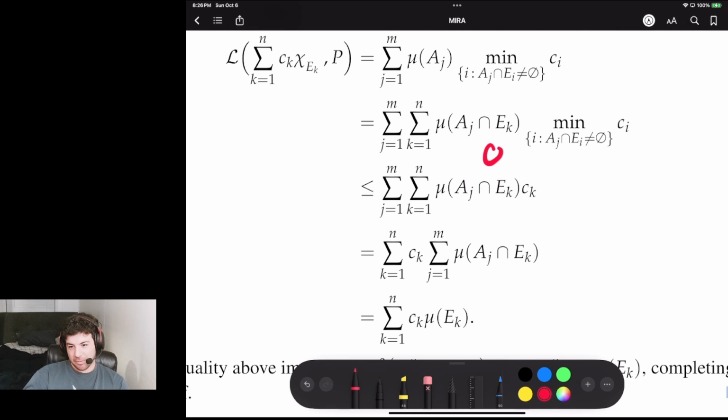Looking at the intersection where the intersection is non-trivial. For any k where aj and ek intersect non-trivially, ck will be bigger than the minimum over all such i, because k is one of the possible i's.